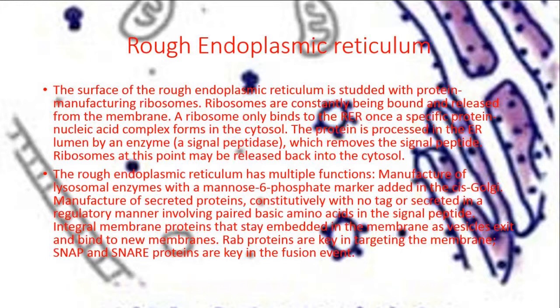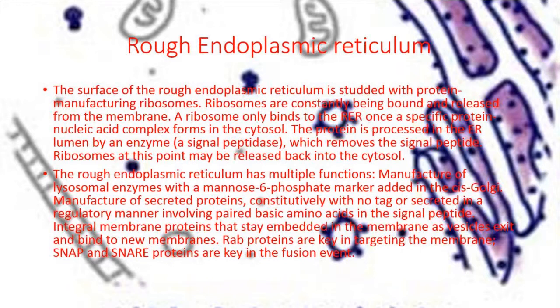Amino acids are polymerized and code the signal peptide, a molecular message that is recognized and bound by a signal recognition particle. Translation pauses and the ribosome complex binds to the RER, where translation continues with the protein forming into the RER lumen or membrane. The protein in the ER lumen is processed by an enzyme which removes the signal peptide. Ribosomes at this point may be released back into the cytosol.